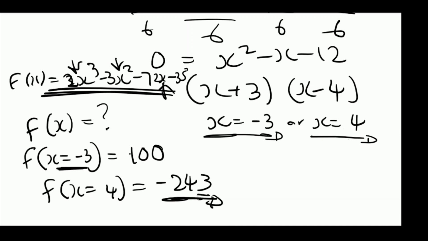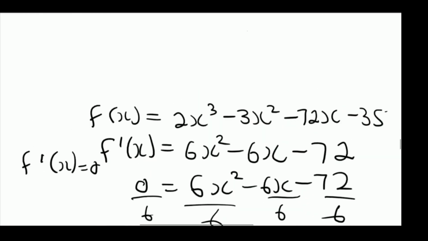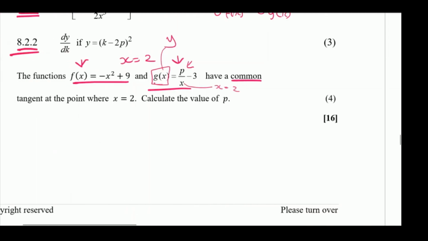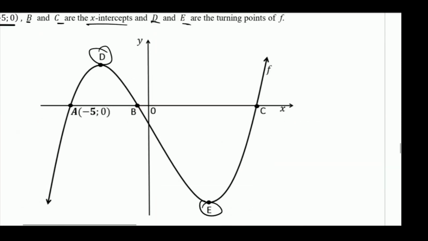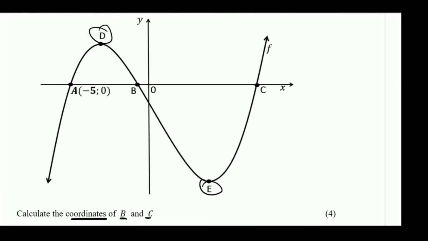But now we need to know which one is the coordinate for D and which one is the coordinate for E. So we're just going to go to our diagram and see which one belongs to which. So we know the x values of the turning points, x being equal to minus 3 or x being equal to 4, and the y values we found: y being equal to 100 for this one, and y being equal to minus 243, right?